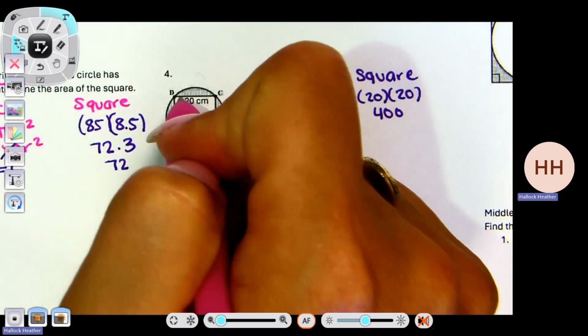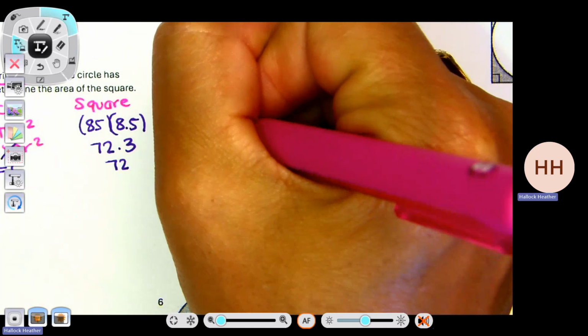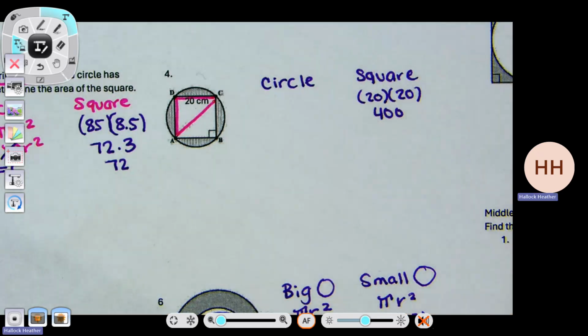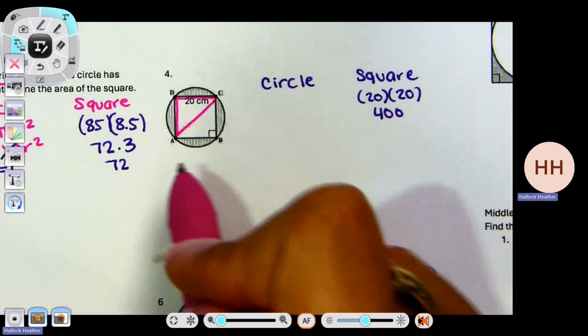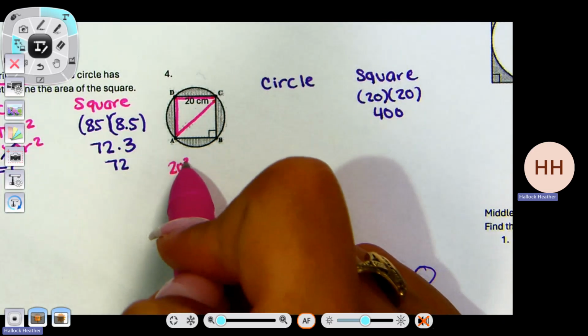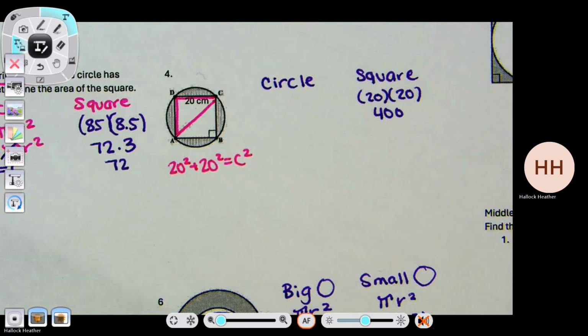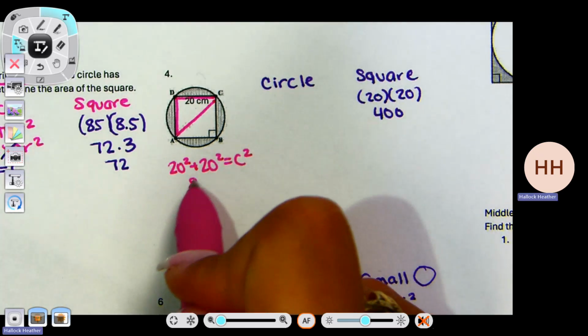So because I have 20 here, 20 is also here, I can find the diagonal. The diagonal represents a whole distance, okay? But I'm going to do the Pythagorean theorem. So 20 squared plus 20 squared equals c squared. So it's like 800, right?